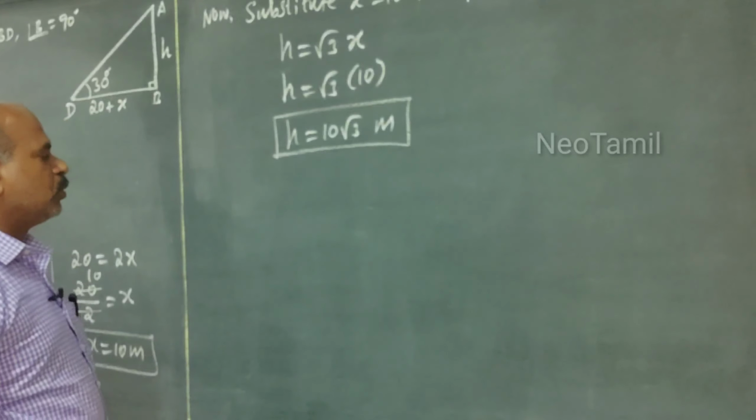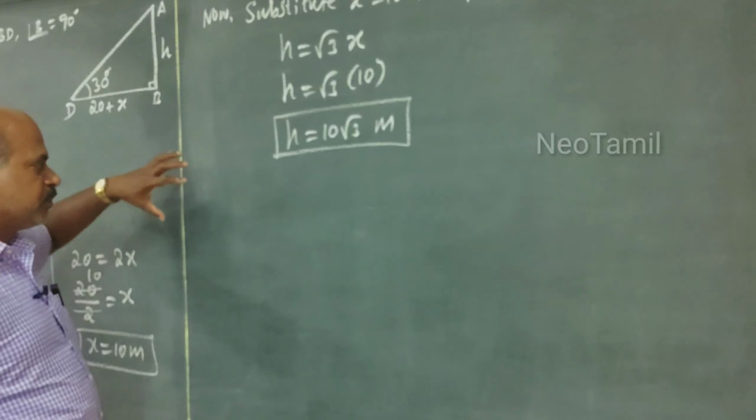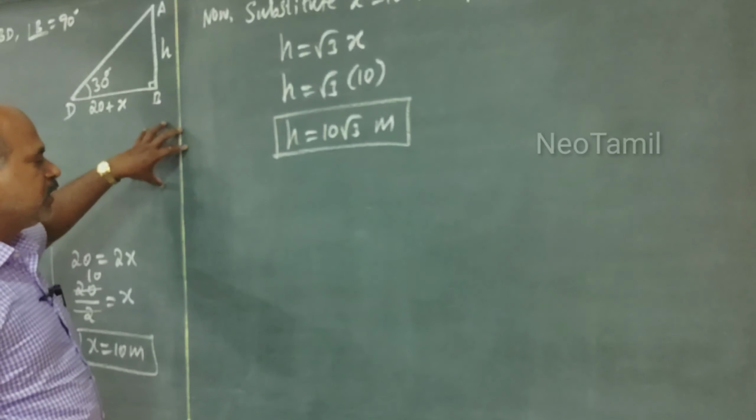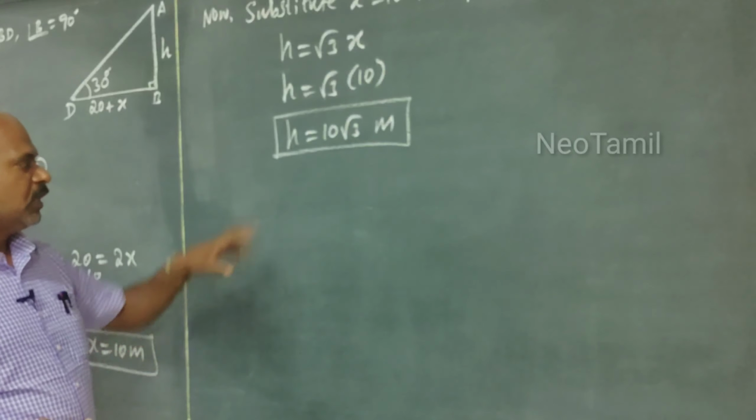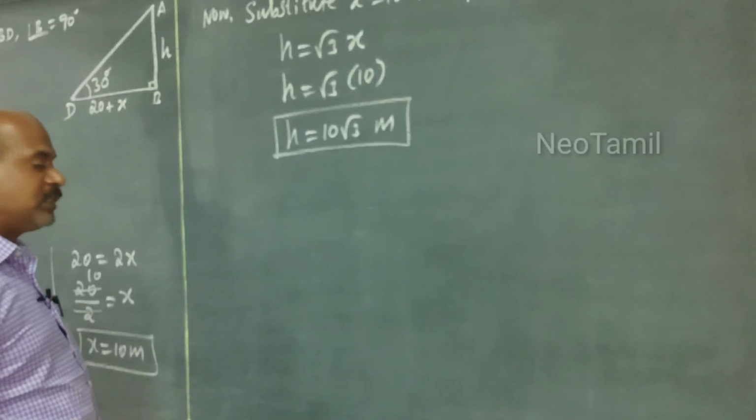So the second answer is also over. In the question they asked two values. One value is the width of the canal, another value is the height of the tower. Height of the tower is h, width of the canal is x.